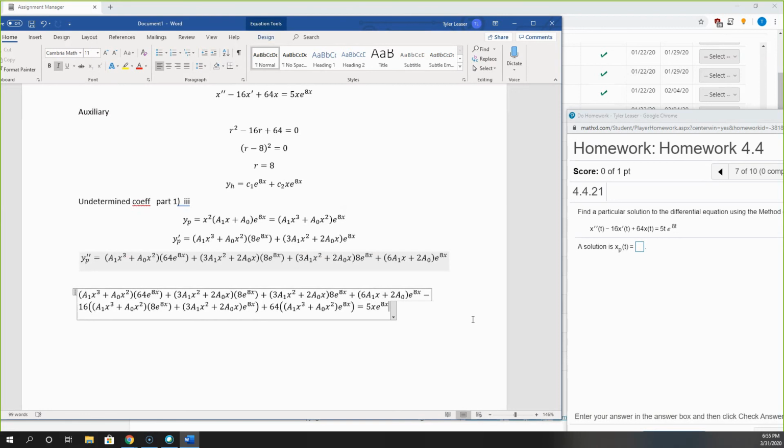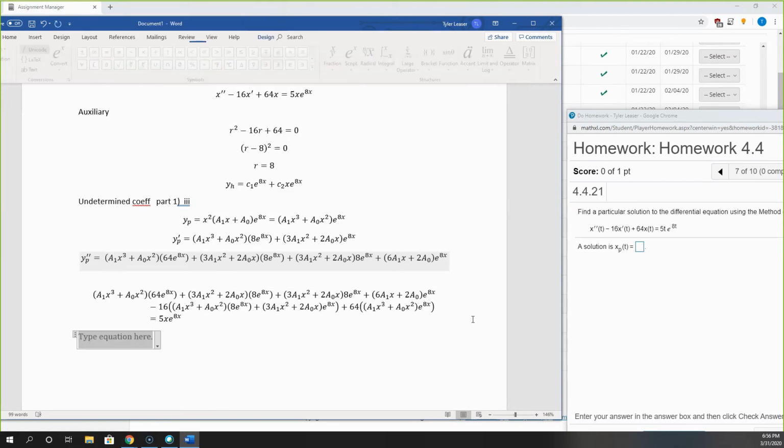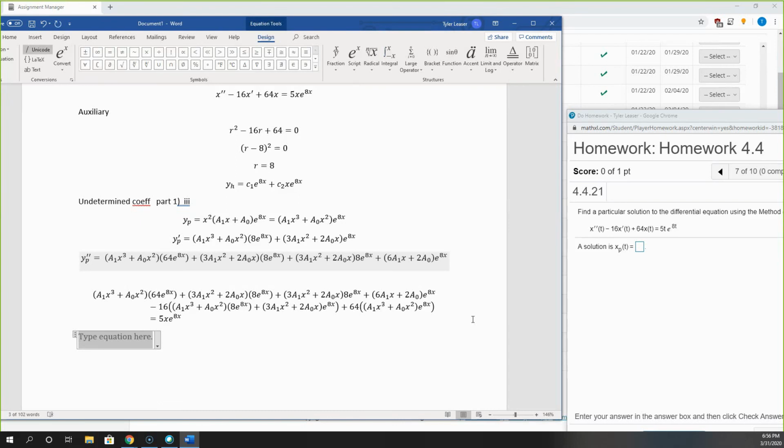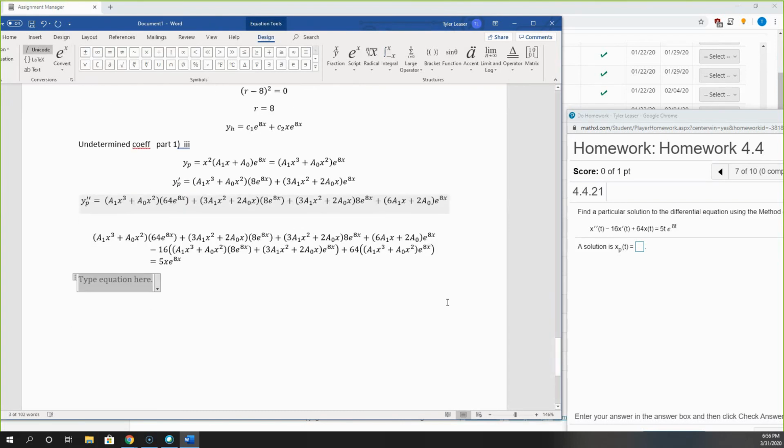All right, and now it's just a matter of combining like terms, being very, very careful with how you're writing stuff out, making sure you put brackets around everything so you know what gets distributed where and where to combine like terms together. Oh boy.